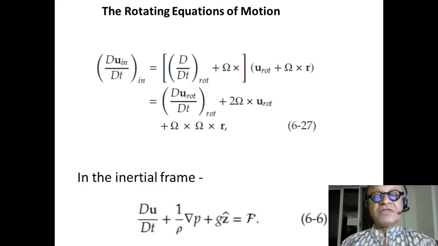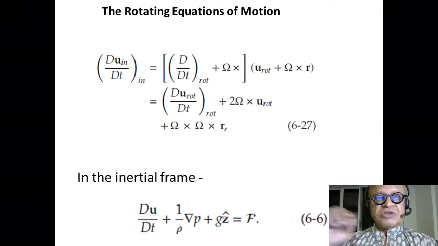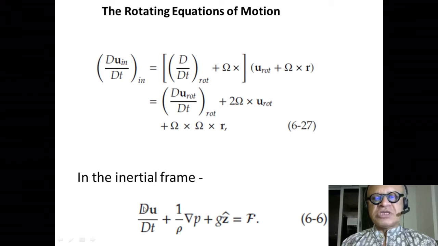Okay, so every time you have rotation, you're going to have the Coriolis effect and the centrifugal force. So the inertial framework we used before without any rotation, the equations looked like this: du dt plus 1 over rho grad p plus gz equals F, the friction force. We had left this just as is, which we will continue to do for now.